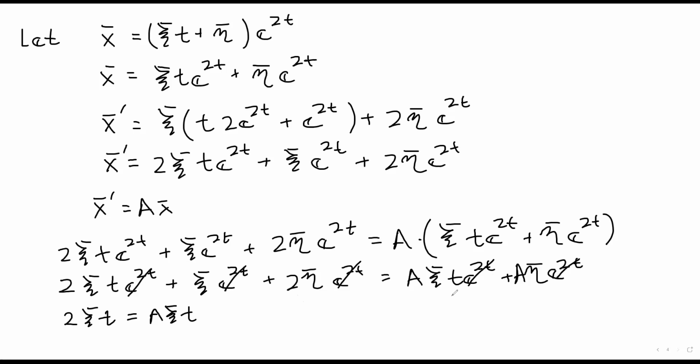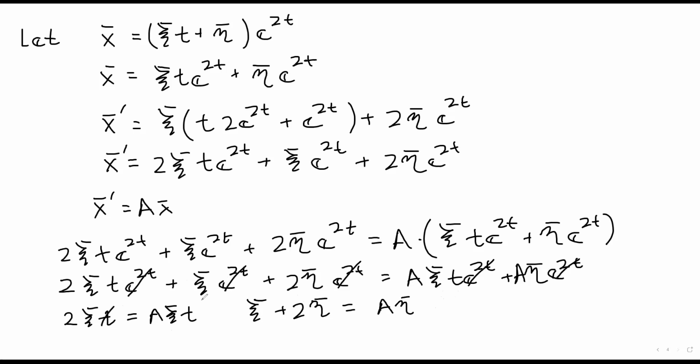When you have an equation like this, if you've got t terms, then the coefficients of the t terms have to be equal. That's what we've done here. And then you're going to have xi plus 2 eta equals A eta. Okay, so this is the non-t stuff, and that's the t stuff.